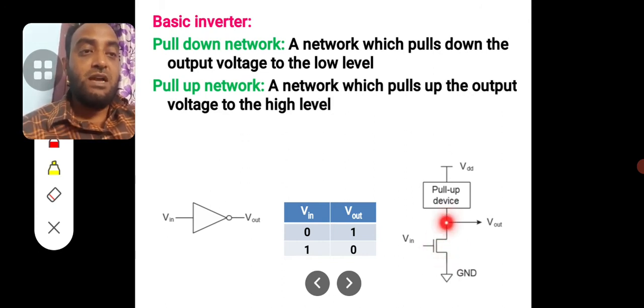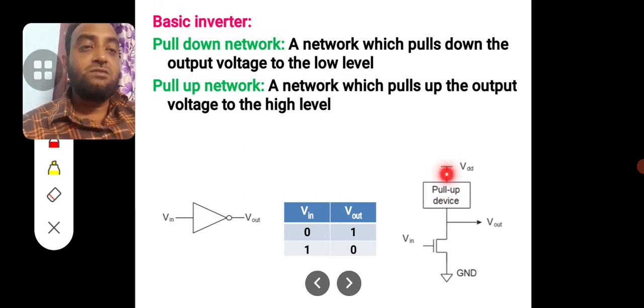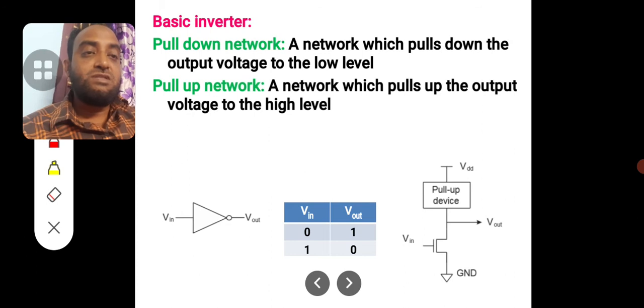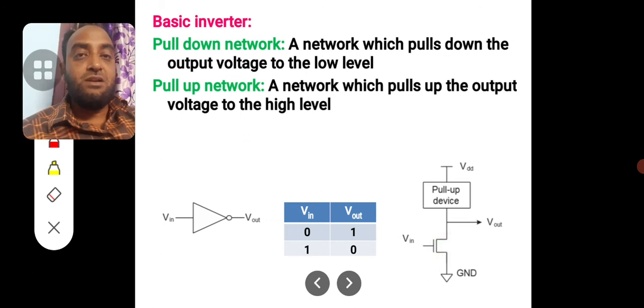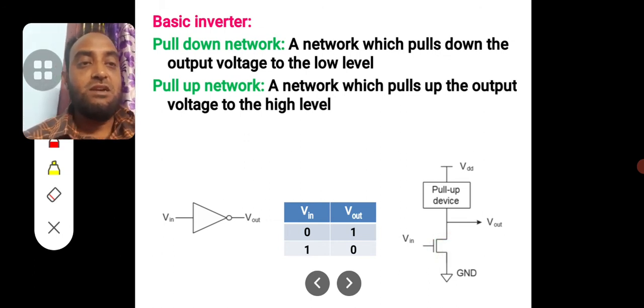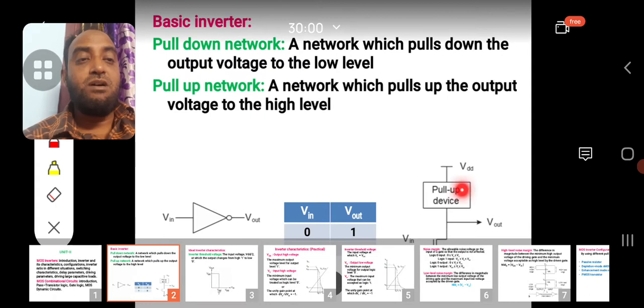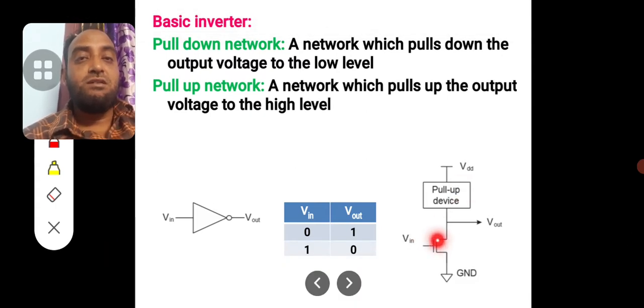That means it acts as a very low value resistance. When there is no pull-up device, it is directly connected to the supply voltage. So when the supply voltage is short circuited to ground through a low resistance device, there is a possibility or tendency of blowing up of the device which is acting as the inverter.